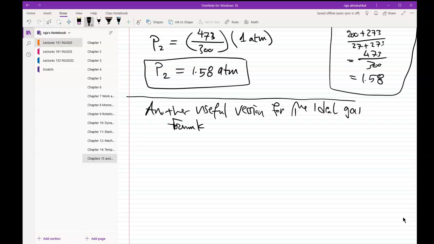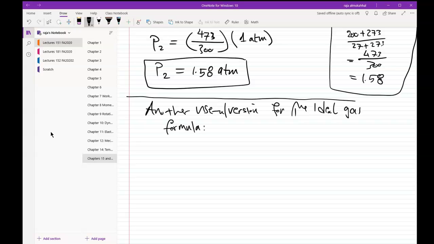My eraser quit working. I had to restart OneNote to get the eraser to work. So anyway, I'm back. Okay, it says another useful version for the ideal gas formula. There we go, it's working good.